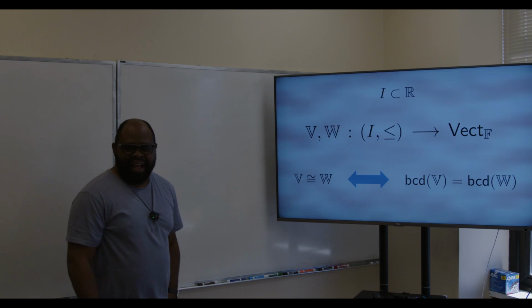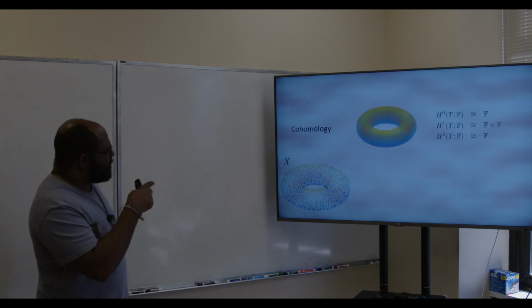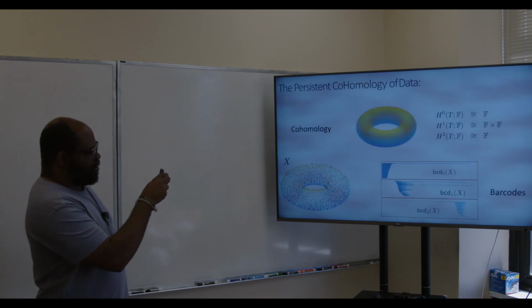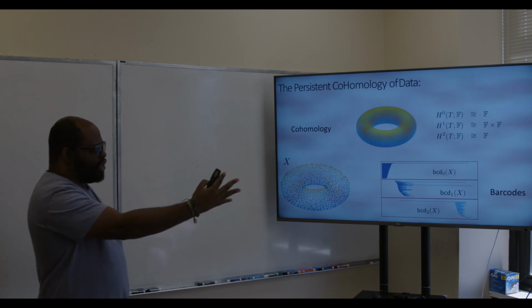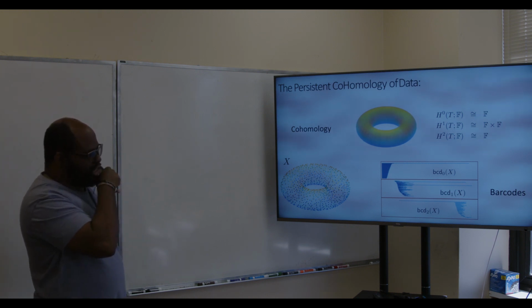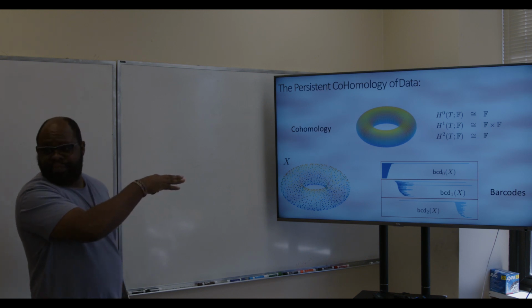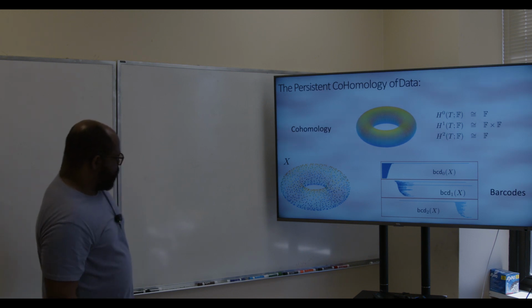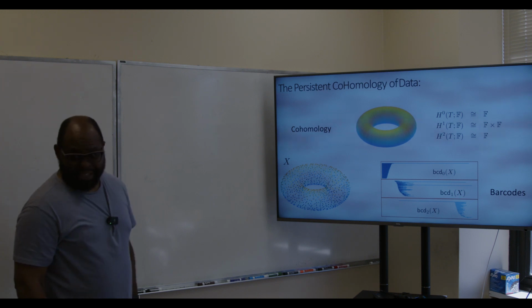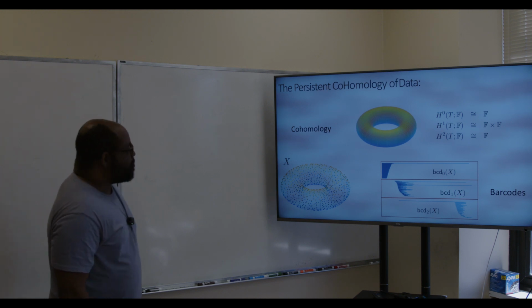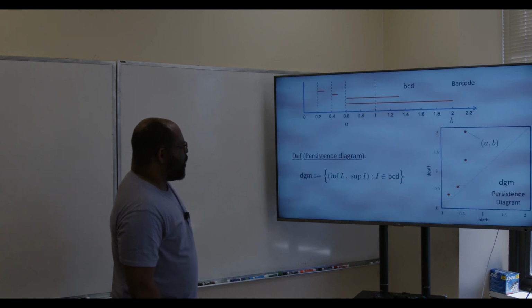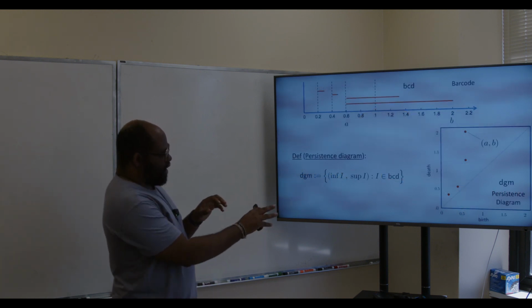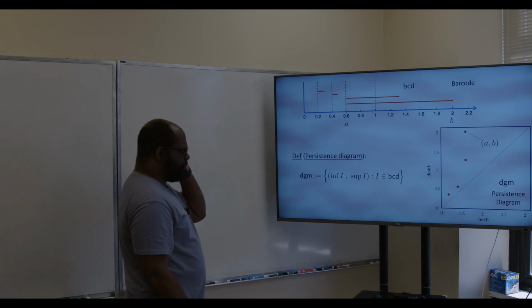And then the typical visualization is: start with data, compute the Rips filtration, and then compute persistent cohomology represented as barcodes. So you all probably have seen this many, many times, or at least once before. Here's another way to represent the same information, and it's through the persistence diagram.